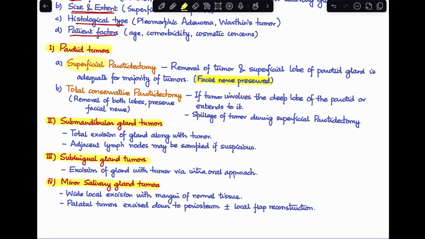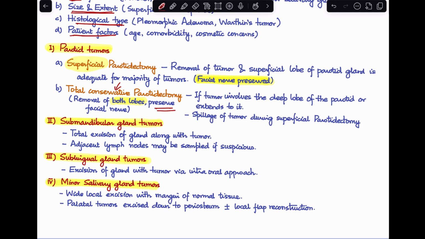The second surgery is a total conservative parotidectomy, which is done in case the tumor has involved the deep lobe of the parotid as well. In that case, we remove both the lobes along with the tumor, but it is named conservative because we try to preserve the facial nerve. We are not removing the facial nerve over here.